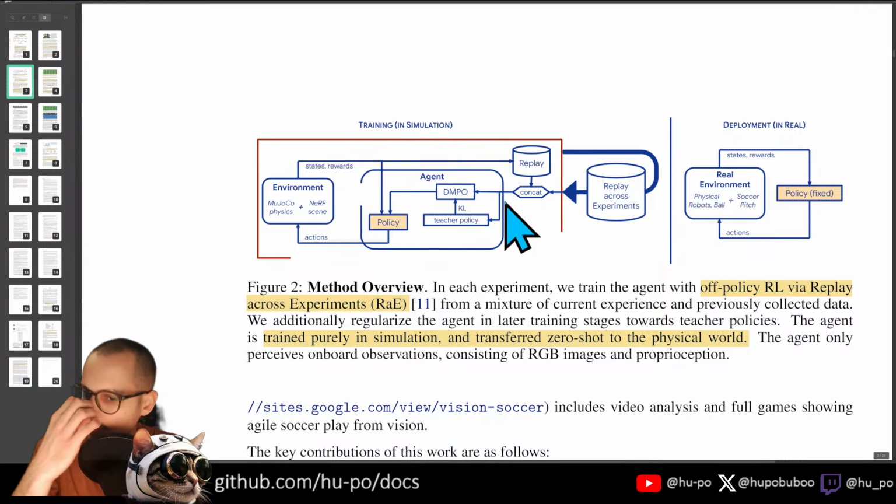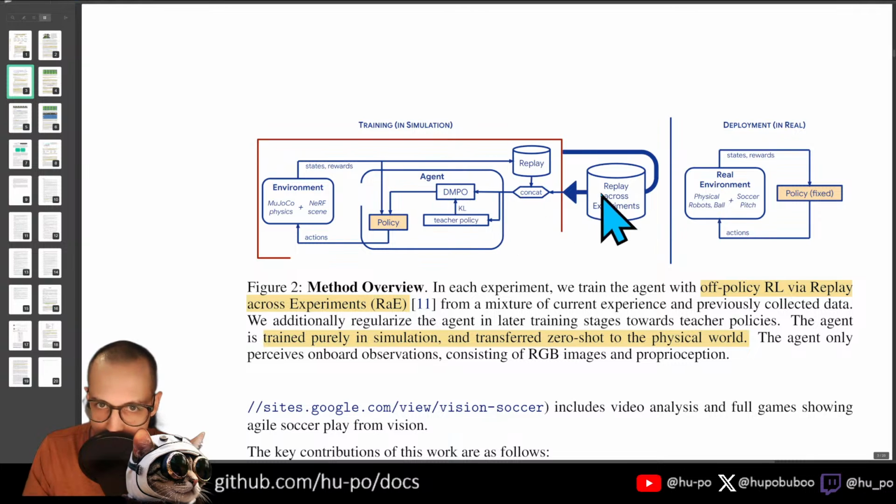Explaining the rest of what's going on here: you have your replay across experiments. You're combining that data and feeding it into the agent here. The agent is effectively the policy. You have your teacher policy, which is again this idea of distillation. The distillation uses KL divergence as the metric between the teacher and the current policy, to distill the teacher policies into the student, which is the one that takes the actions in the environment.